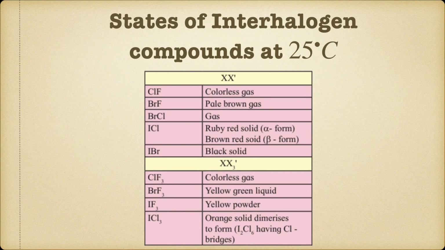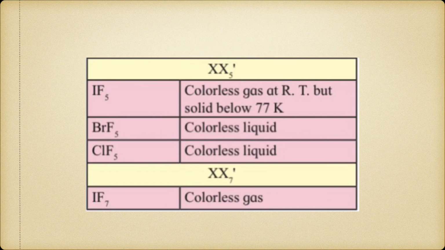Next, iodine trifluoride is a yellow powder. And the last one, iodine trichloride, is an orange solid which dimerizes to form I2Cl6 having Cl bridges.